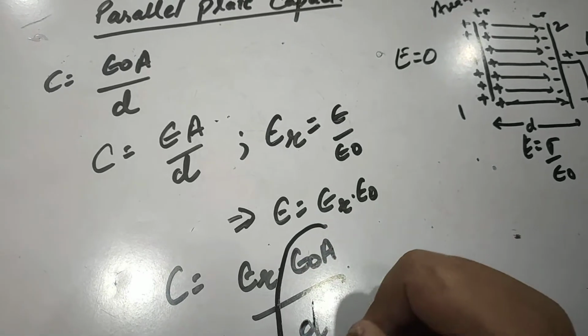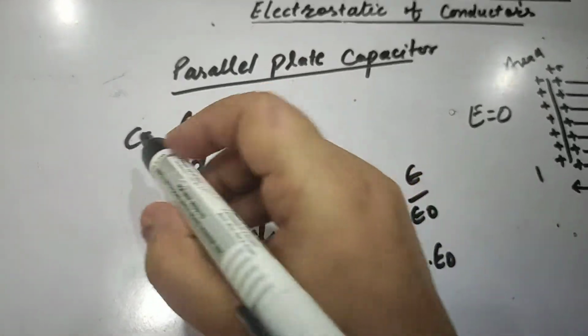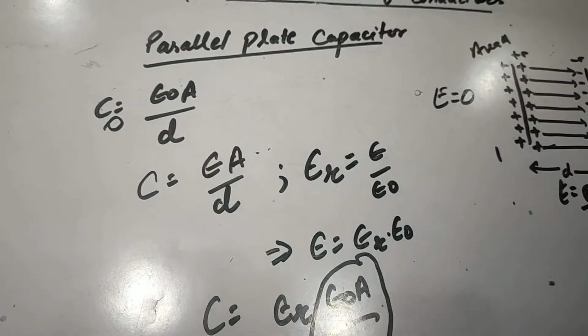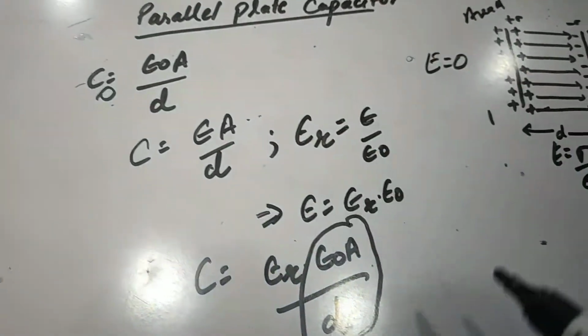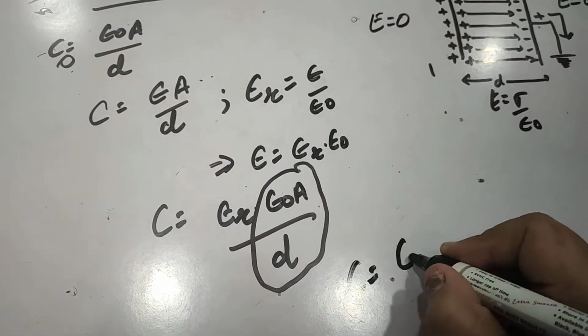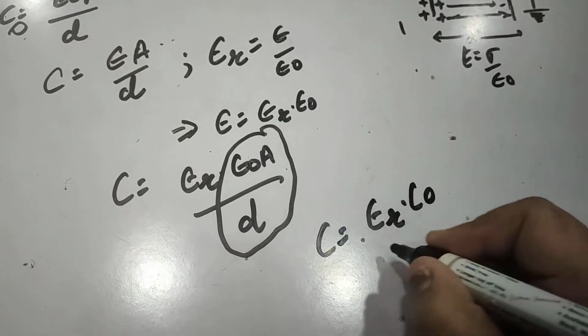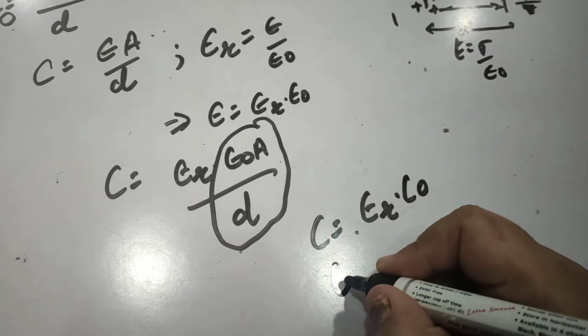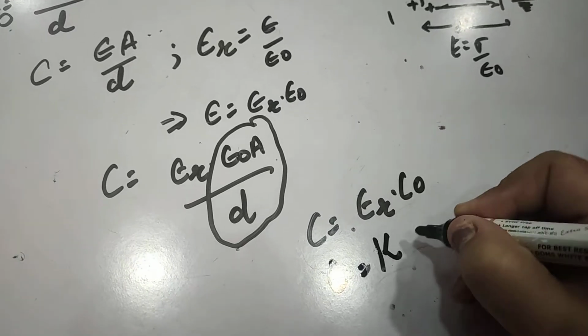So what is this? This is C naught. So C is equal to epsilon R into C naught. Now also we know that epsilon R is equal to K, which is the dielectric constant.